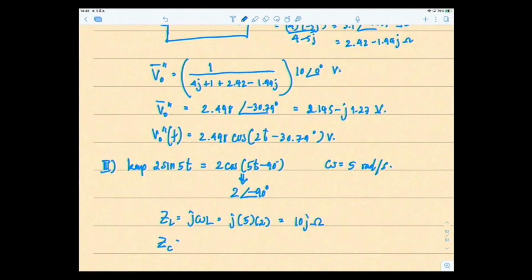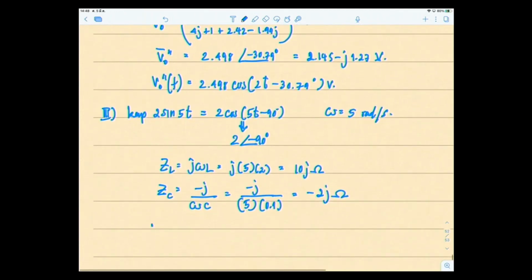For your ZC, minus j over omega C, equal to minus j over 5 times 0.1 farad, turns out to be equal to minus 2j ohms.